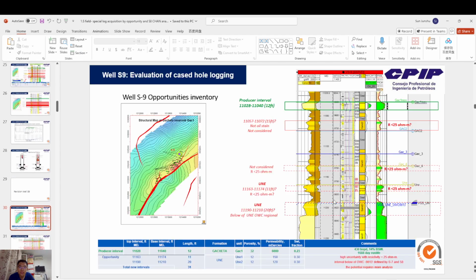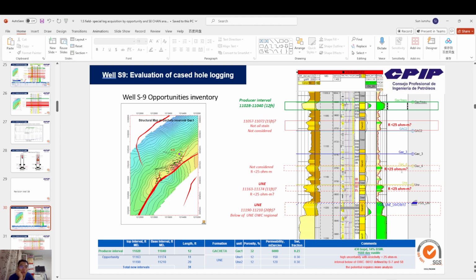Revision of well S9. The current producer interval is 12 feet in the lower Gajita, this part 15 feet of medium quality sand, but resistivity is less than 25 ohm meters.